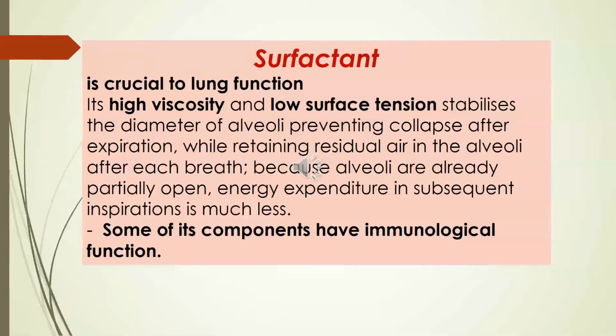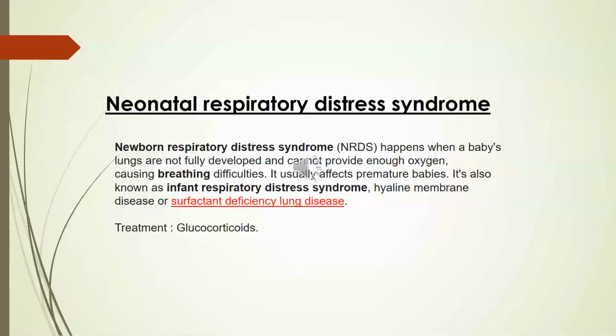So it is very important for lung function. Also, some components of the surfactant other than phospholipids have an immunological function and are part of the immune defense mechanism of the pulmonary tract.